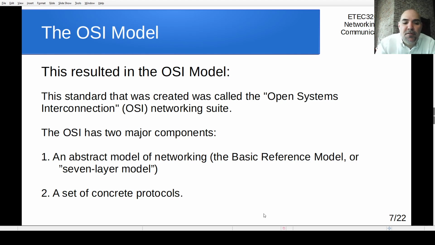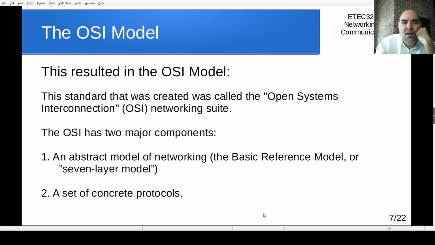It also included a concrete set of protocols that followed that OSI model. And as we'll see next class when we get into TCP/IP, it loosely follows the OSI model, but some of the parts of TCP/IP encompass multiple sections. So it does follow the hierarchy of the OSI model, but you can't look at TCP/IP and say this part of it exactly fits this part of the OSI model.